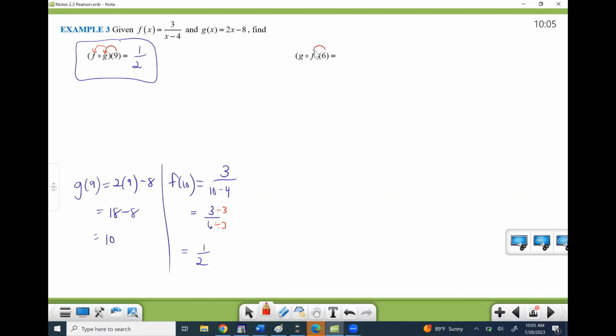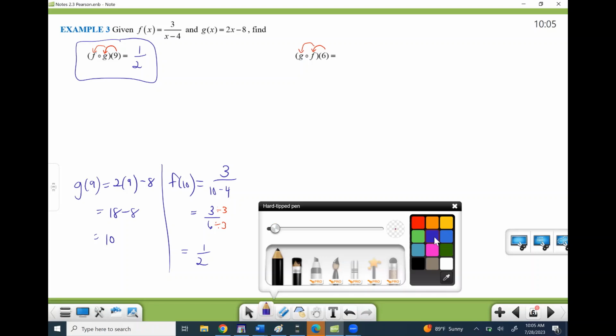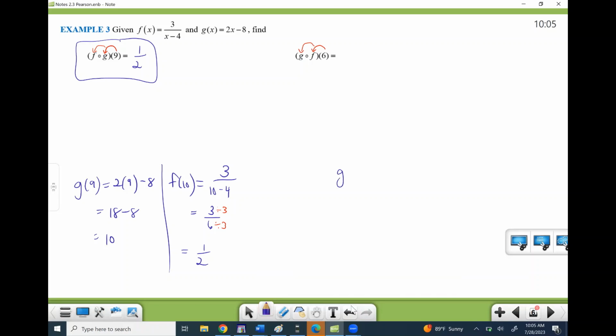All right, so we're going to substitute 6 into F, and whatever we get from that, we'll substitute into G. So let's go ahead and substitute 6 into F. Okay, so I'm getting 3/2, you guys. Now we're going to take that 3/2 and substitute it into G. So we're going to put it right there.